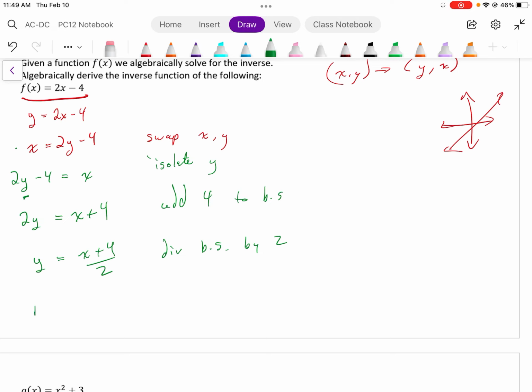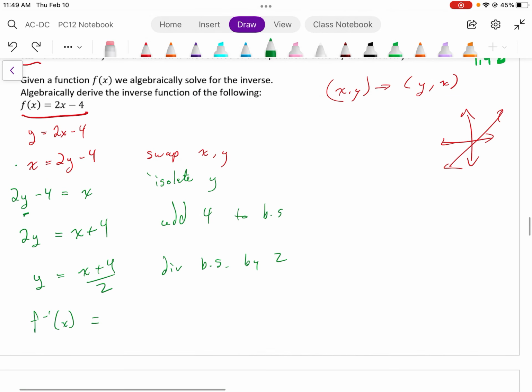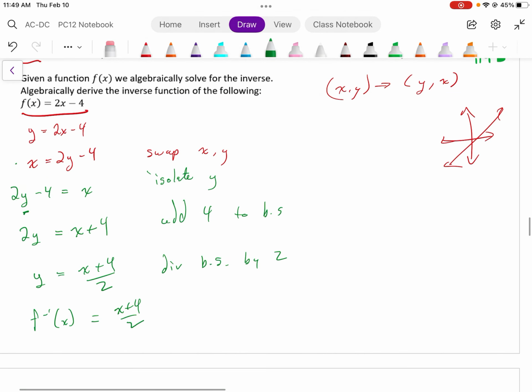Now, the last step I'm going to do is reintroduce functional notation. So instead of calling it y, I'm going to call it f inverse. Because if f did, this should undo. So f inverse is simply x plus 4 over 2.